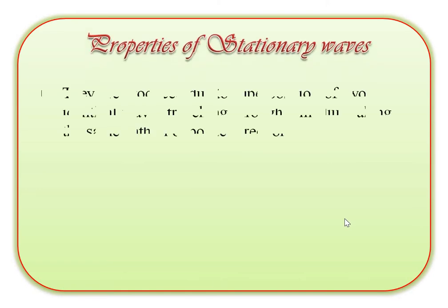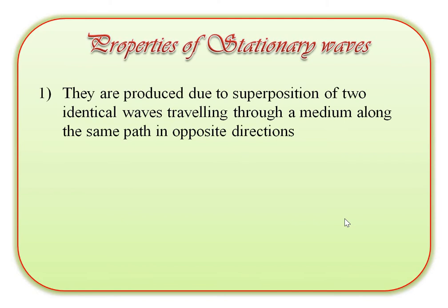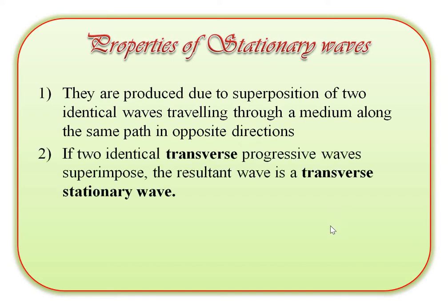The first property of stationary waves: they are produced due to superposition of two identical waves traveling through a medium along the same path in opposite directions. Let's see the second property. If two identical transverse progressive waves superimpose, the resultant wave is a transverse stationary wave.